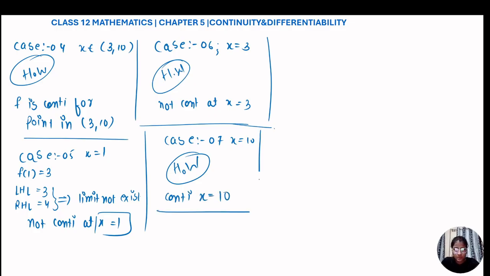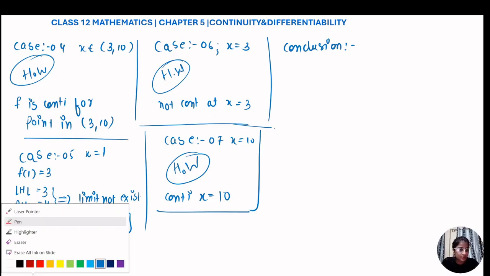Now let's make the conclusion. Let me change the pen; I will take a red pen for the conclusion.